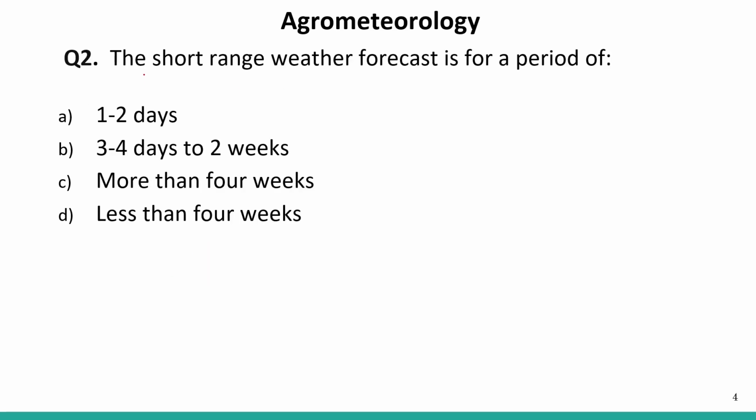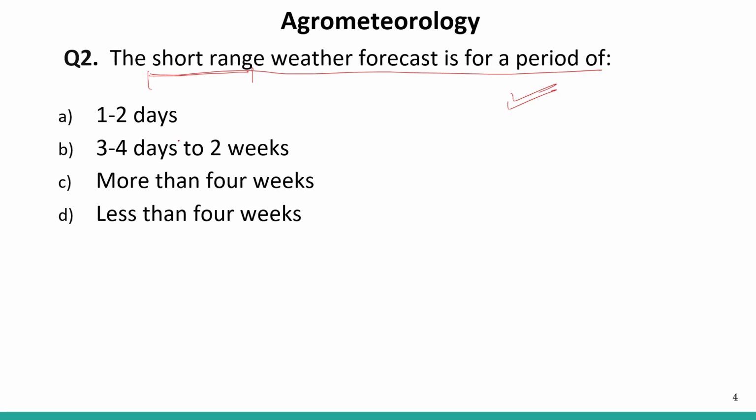Next question. The short range weather forecast is a period of. We have different types of weather forecast: short range, medium range, and long range. These categories depend upon the number of days we are considering for the forecast.